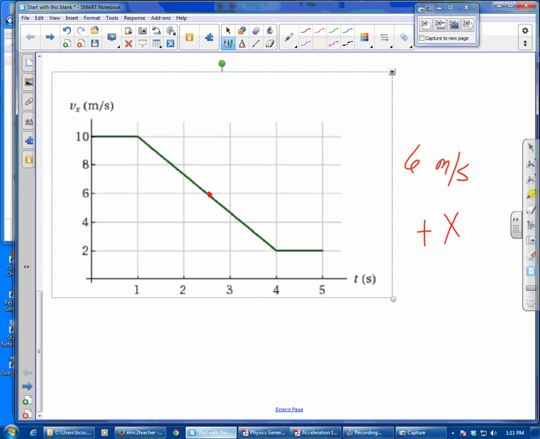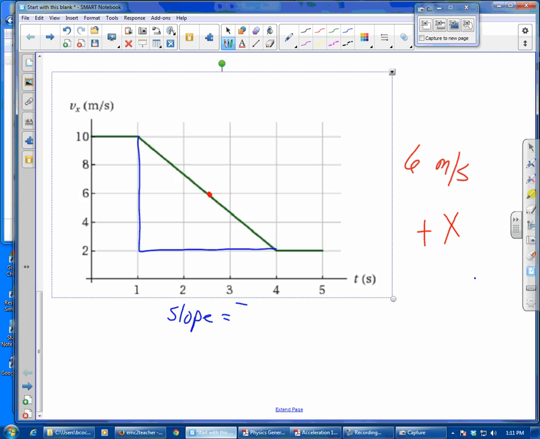So now the next thing is we're moving on to the slope. What is the acceleration of the object at 2.5 seconds? So again, now we remember back from our y that the slope of the velocity is the acceleration. So I'm going to do my slope again here. Let's say I go from 10 to 2.